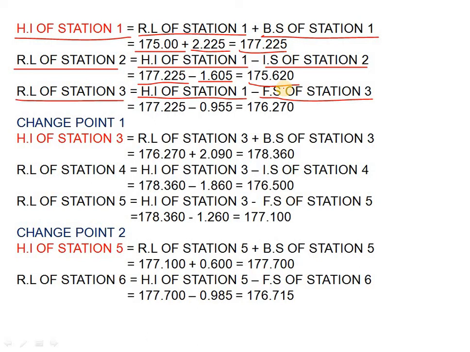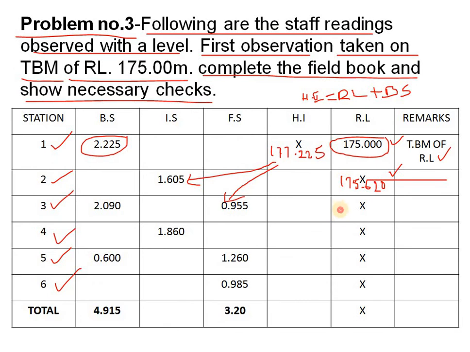By this only we can know very clearly. So 177.225 minus 0.955 is equal to 176.270. We have to write 176.270.